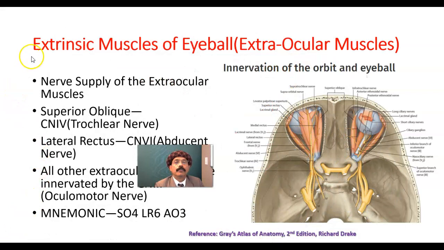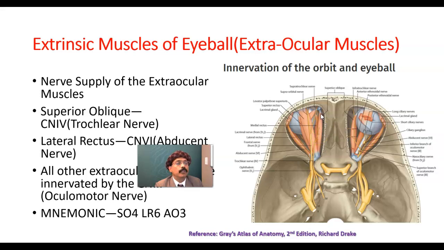Now the nerve supply of the extraocular muscles. The superior oblique muscle is innervated by the trochlear nerve, or the fourth cranial nerve.